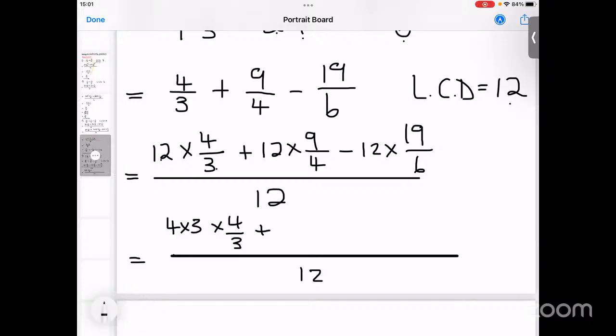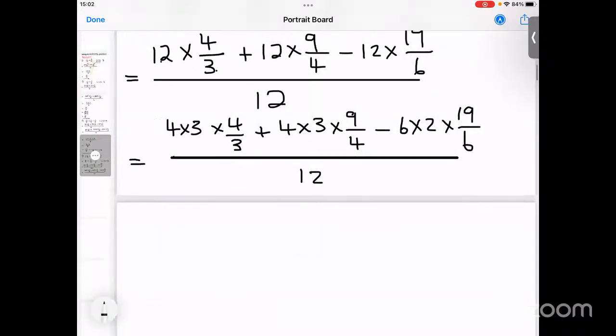So that means, again, 12 is 4 times 3, which is multiplying that 9 over 4. And this one of 12, again, you can say 12 is the same as 6 multiplied by 2, which will therefore be multiplying that fraction.